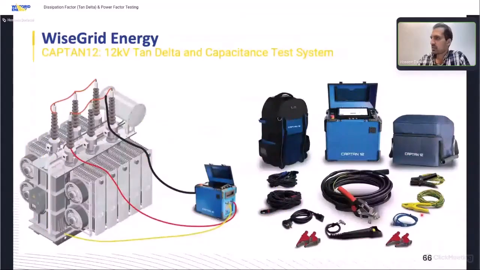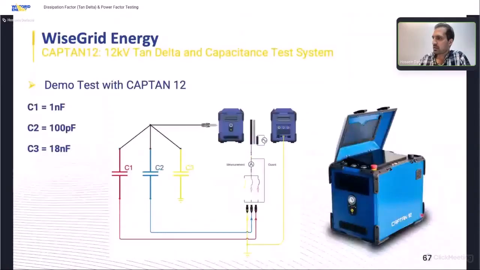Also, the accessories and wirings are really simple. You just have a single device and you can start and do your test easily. So let's have an online demo test with Kaplan 12. Then we will go for a Q&A session.